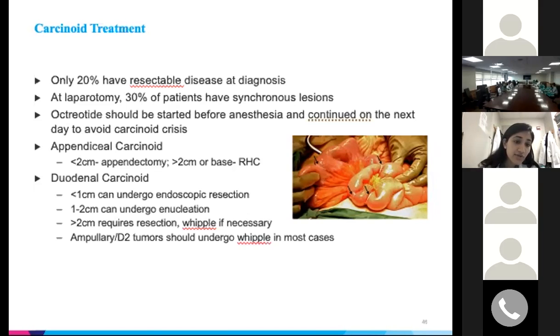Greater than 2 centimeters will require a formal resection, possibly a Whipple. The reason they allow endoscopic resection and enucleation for duodenal carcinoids is largely because of the morbidity that would be involved with a formal resection.